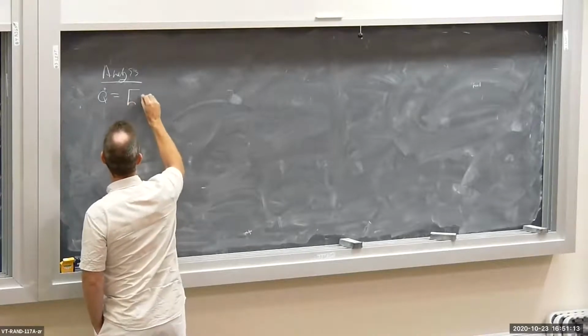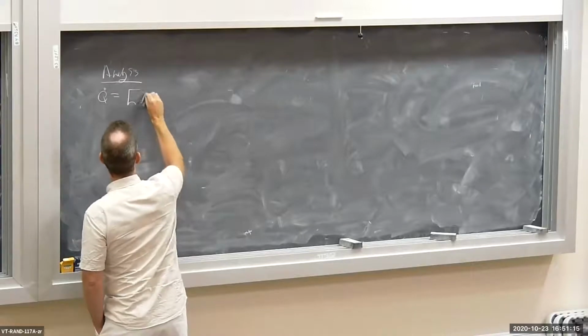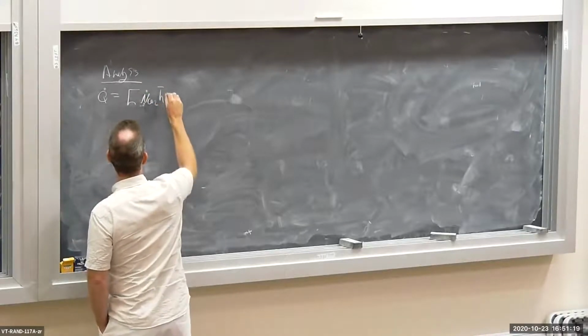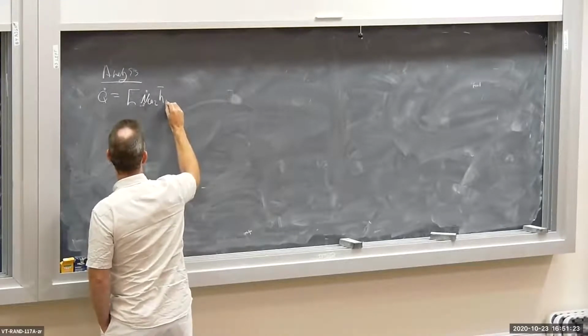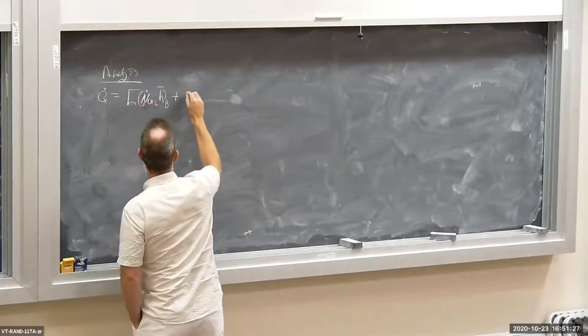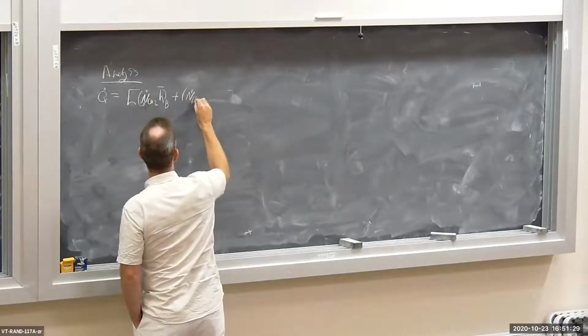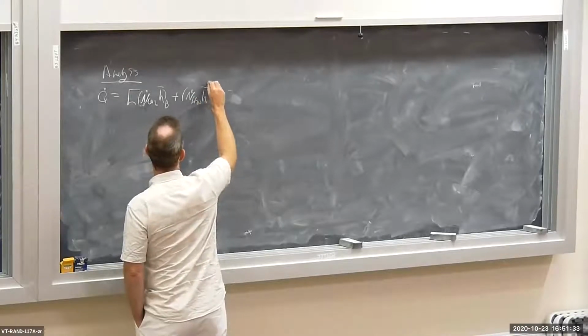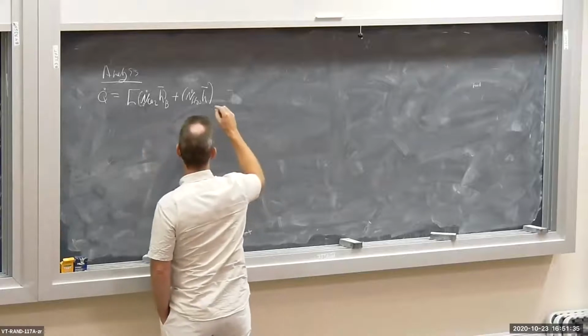So I'm going to write N dot CO2 H bar, and that is evaluated at the product state, B. And then I have N dot H2O, H bar, for the outlets.